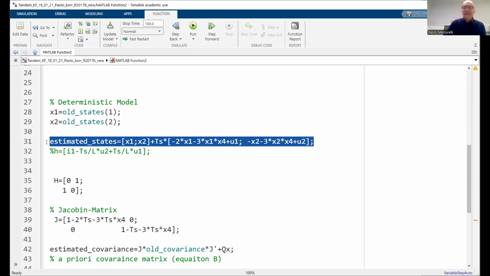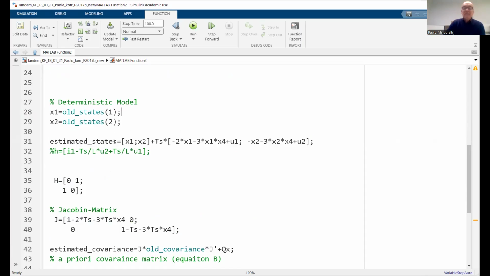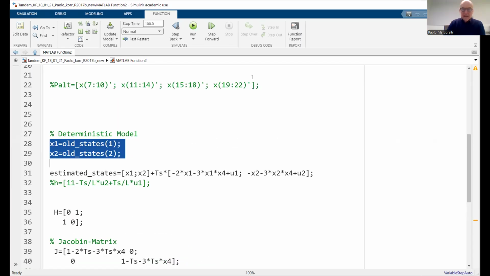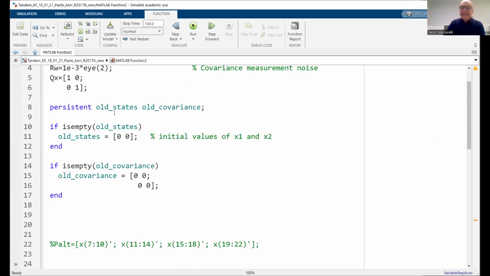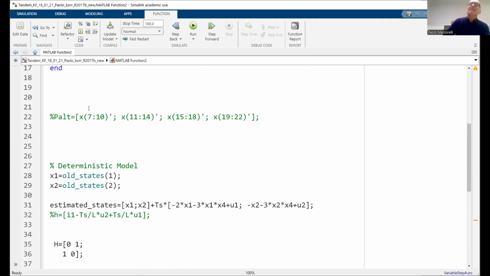This is exactly the model which I presented, in which the estimated states is the vector x1 hat minus, x2 hat minus. On the right, we have x1 hat without minus and x2 hat without minus, because I passed internally, thanks to the persistent old state variable, the estimated state at the step before.